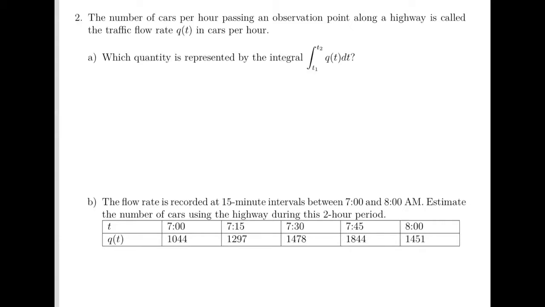Looking at this, t1 and t2 are your starting and ending times. Q of t is your rate, and dt is just telling you that time is the thing that you're adjusting or going through. This is going to be a total change because it is an integral. A total change of what?